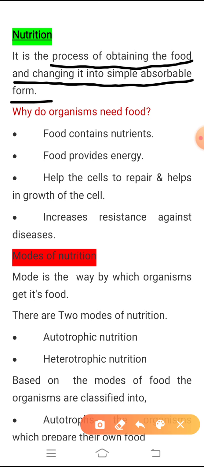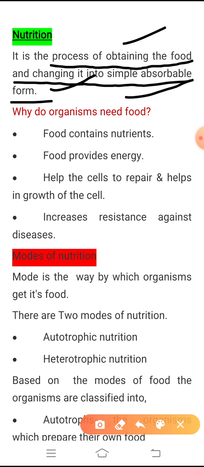It is a process of obtaining, means getting the food, and once the food has been received by an organism, it has to change that food into a simple absorbable form. Means the food has to be absorbed in a very simple form so that all the cells receive that simple absorbed food to produce energy.